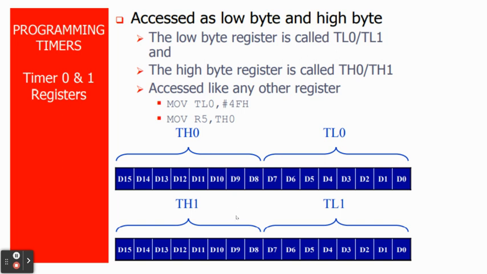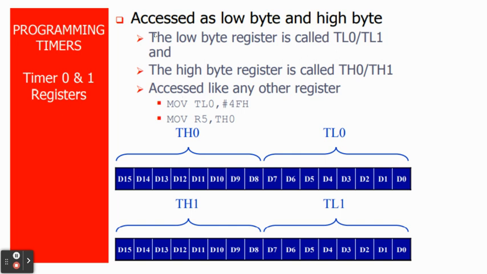The same thing happens to timer 1, which is also 16 bits, but the 16 bits are divided into 8 bits of TL1 and 8 bits of TH1. Again, TL1 means timer 1 low byte, and TH1 means timer 1 high byte. Same thing with TH0 and TL0.